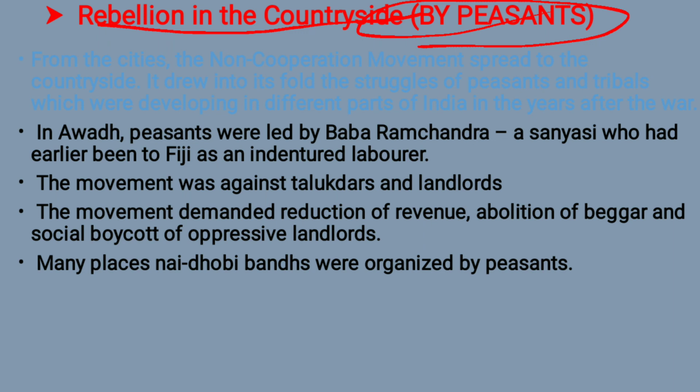Next, the movement was against talukdars and landlords. This non-cooperation movement was launched by Mahatma Gandhi. A few castes were against this, the talukdars and landlords, because they were not able to fulfill their needs.